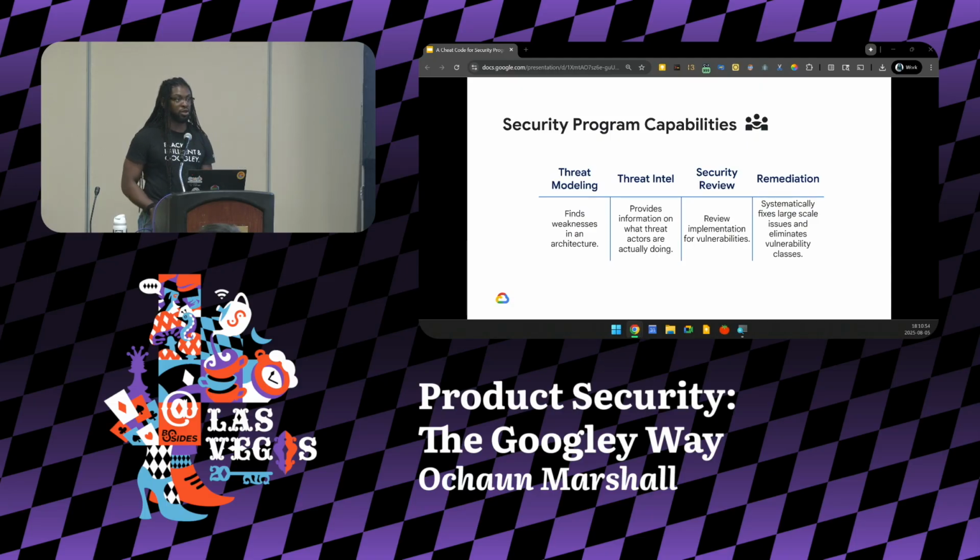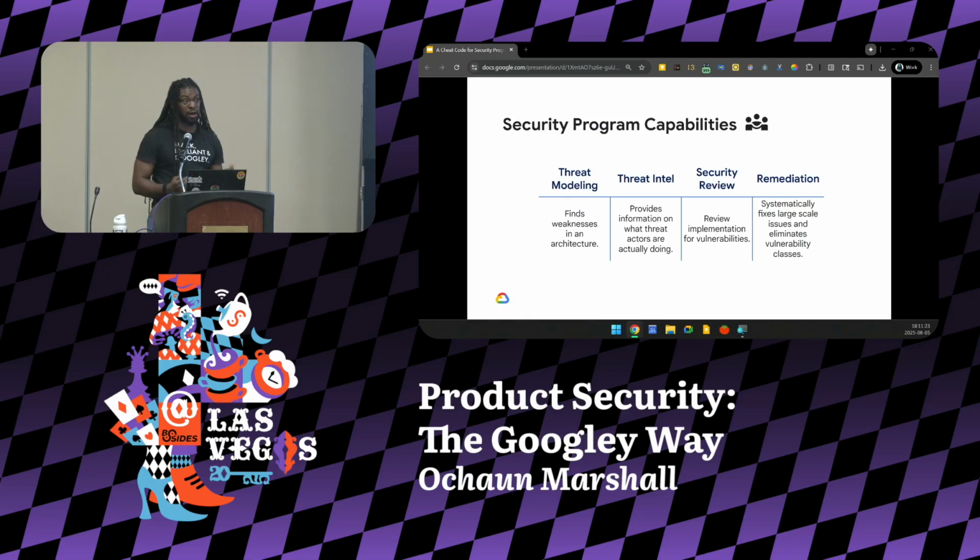And then moving into the build phase, this is where the security reviews come in. They work in parallel with development. The key here is not to think of them as a final exam at the end. Instead, think of them as a continuous partnership, a chance to collaborate and make sure that the design was actually followed and built through securely and correctly, and to look for additional vulnerabilities in the code itself.